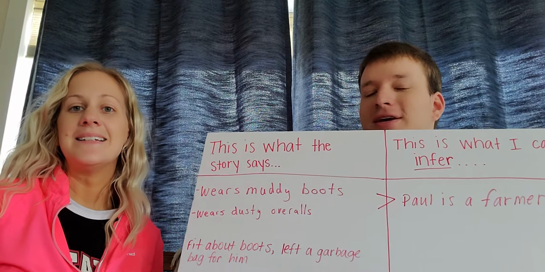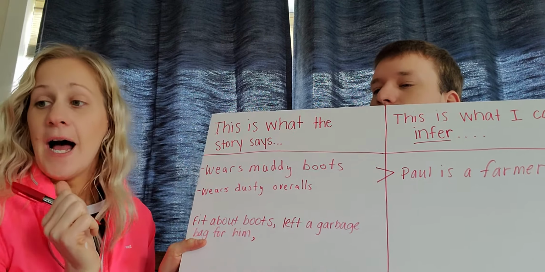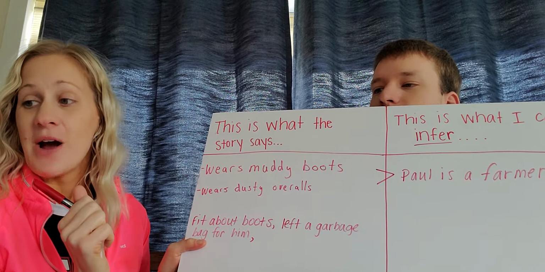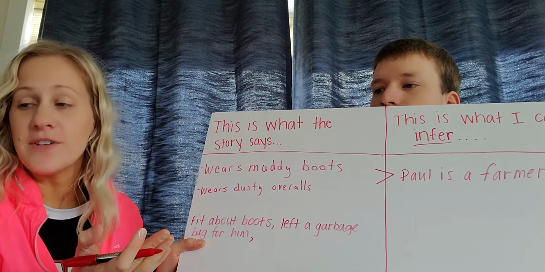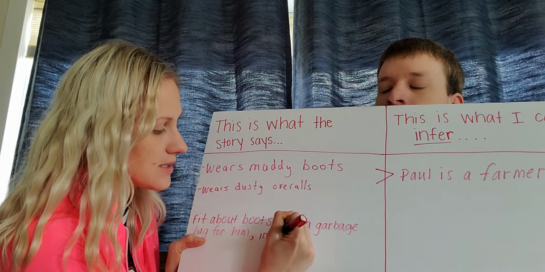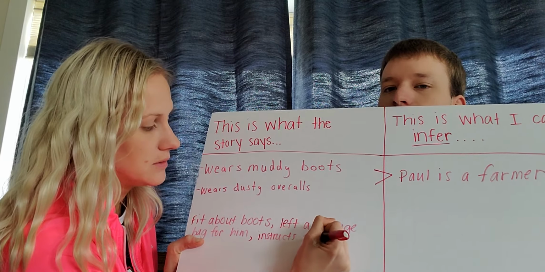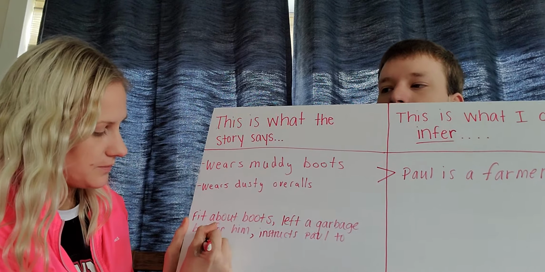So she tells him to take a shower every time he gets home. It doesn't say who he was instructed by, but we're going to have to assume it's Alice because she's the only other one in this story. So she instructs Paul to take a shower.